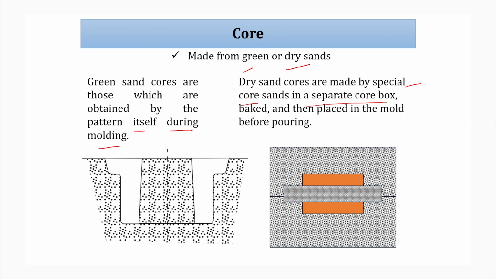So, you can see, we have just prepared this core and place it during the molding, or you have to prepare it separately and place it in the mold, and you can pour the casting and get a cavity after breaking the core.